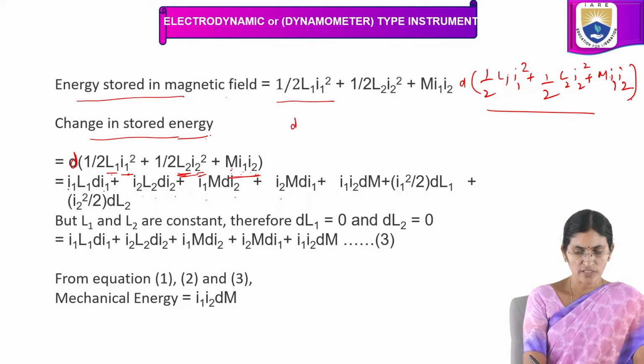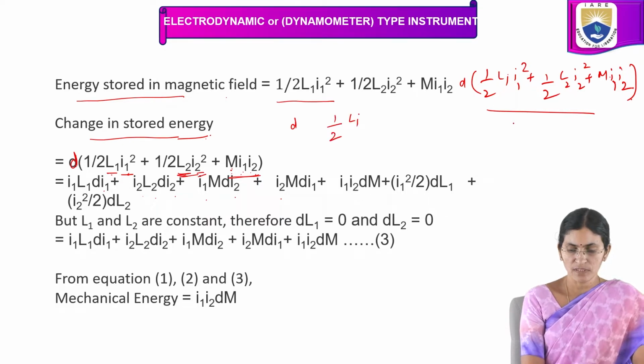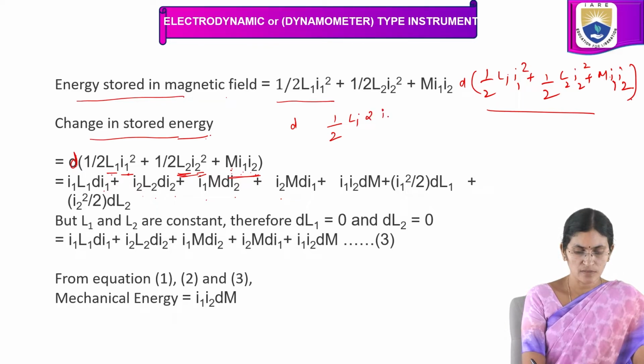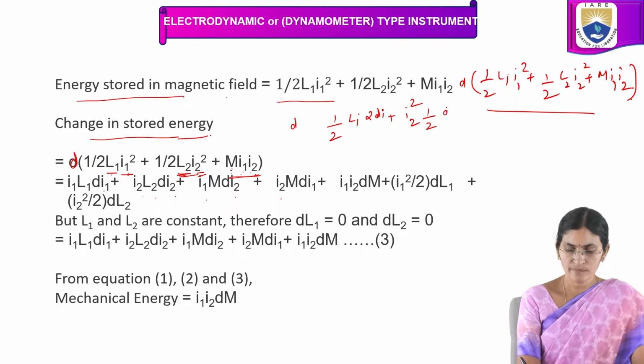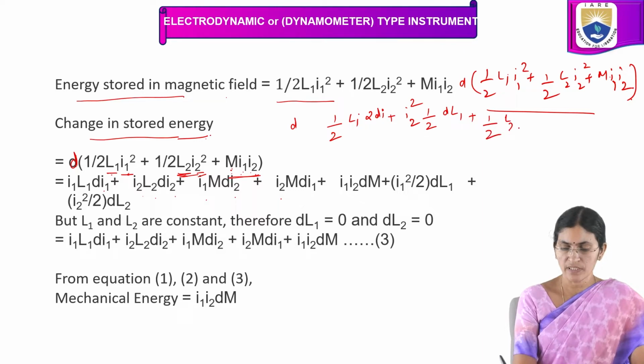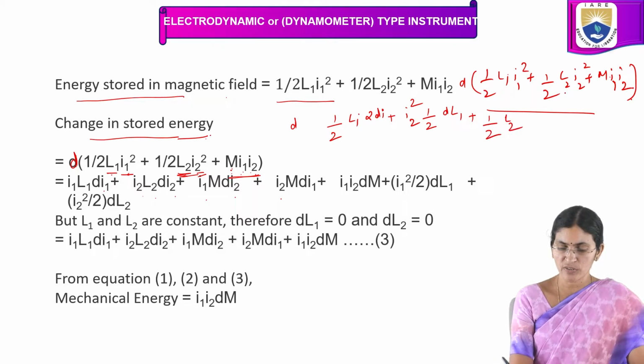Differentiation, half is constant, so we can write it as half L1. Differentiation of I square is 2 I1 dI1, plus I square dL1, plus we can differentiate with respect to I2, so it will be 2 I2 dI2.